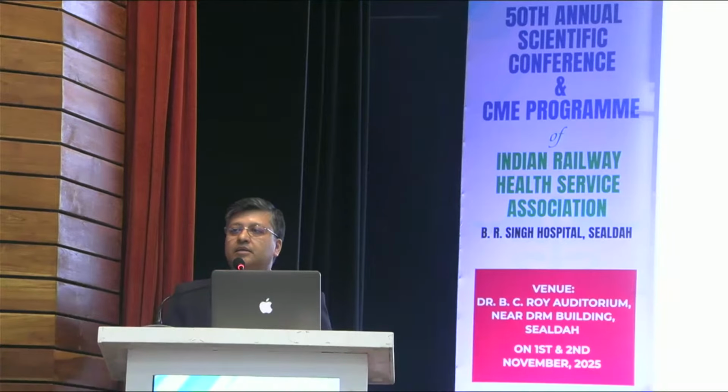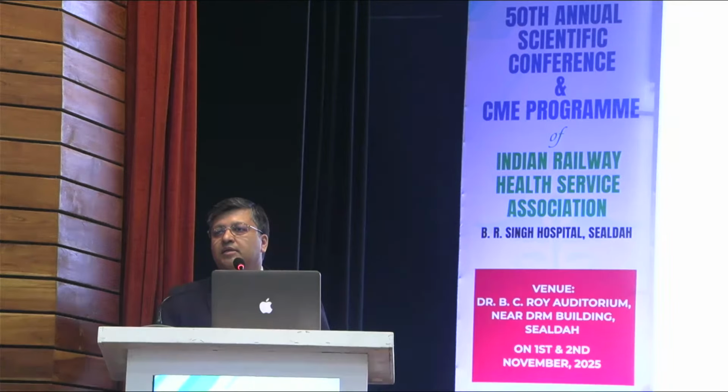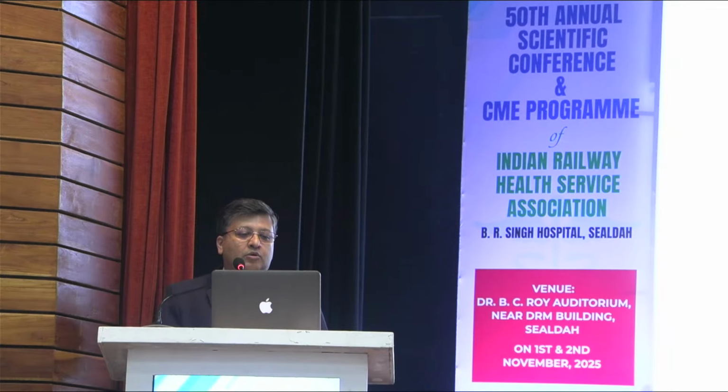So pre-existing heart disease probably is the most common cause, but there are some cases where there is nothing previously documented. So sudden cardiac death happens, and often there is some prodrome which we usually ignore.